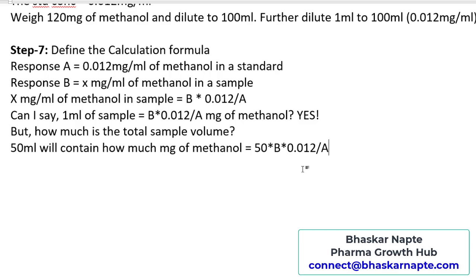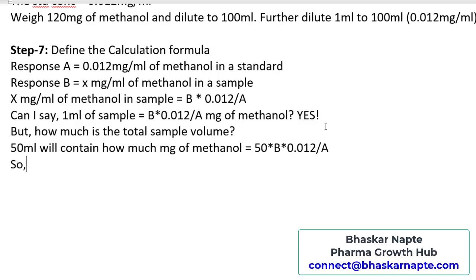Now this step is very, very important. Now further I am going to connect this step to the actual sample weight. Now this 50 ml methanol content, or whatever may be the content observed in the 50 ml, is actually coming from where? It is actually coming from the sample weight.